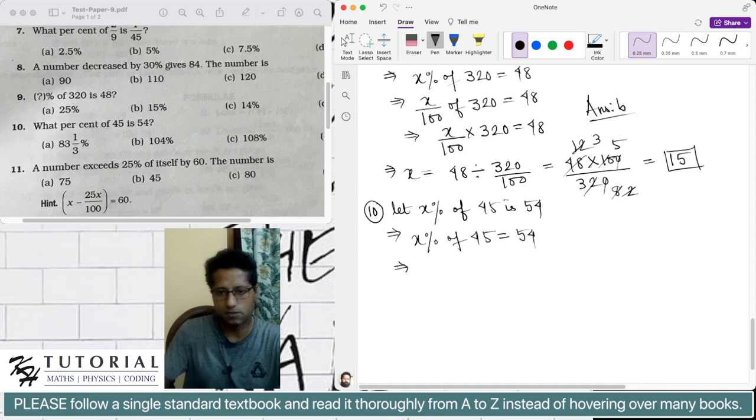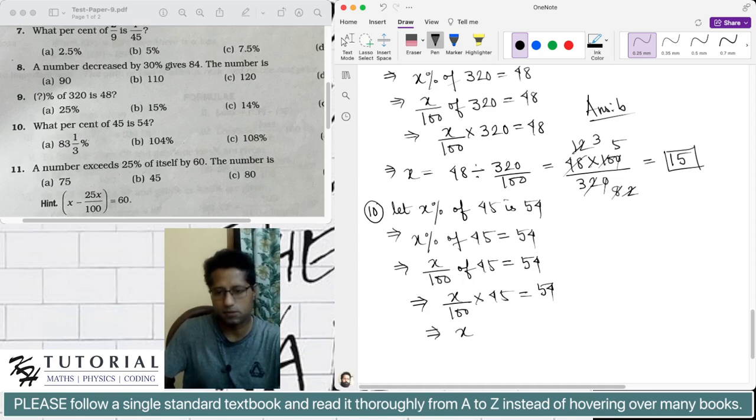So this implies X percent means X by 100 of 45 is equal to 54. Now of operator means multiplication, so we have X by 100 multiplied by 45 is equal to 54.